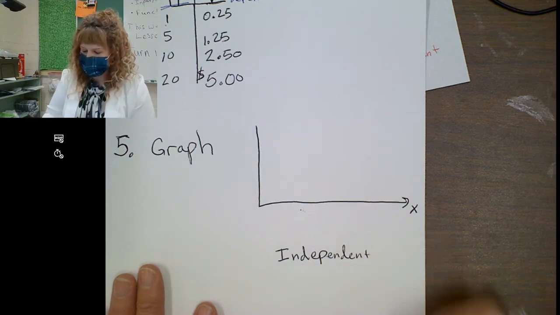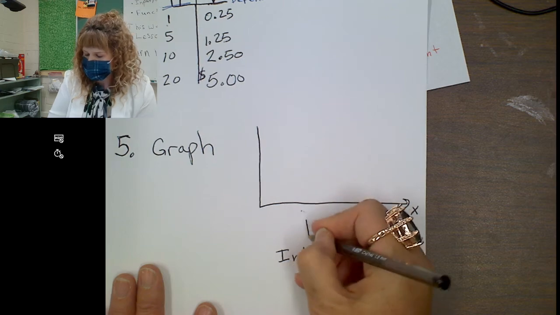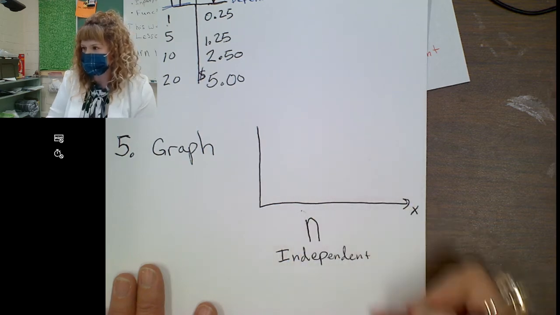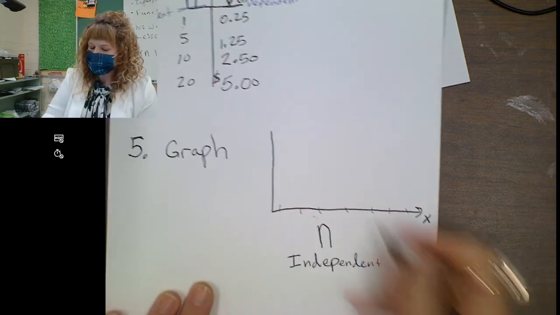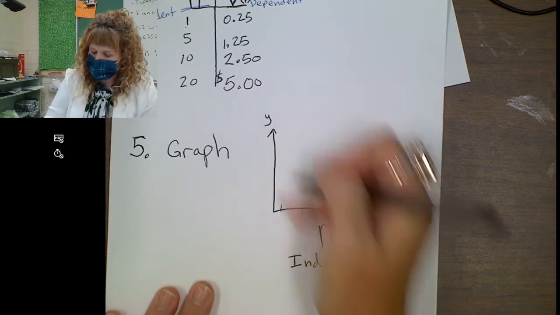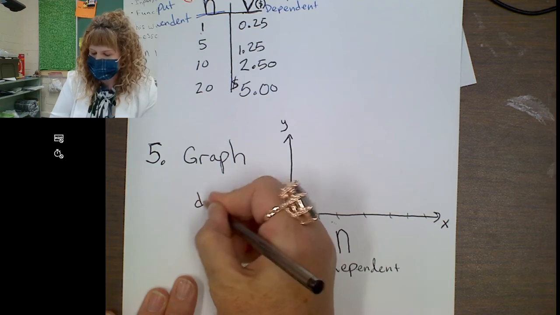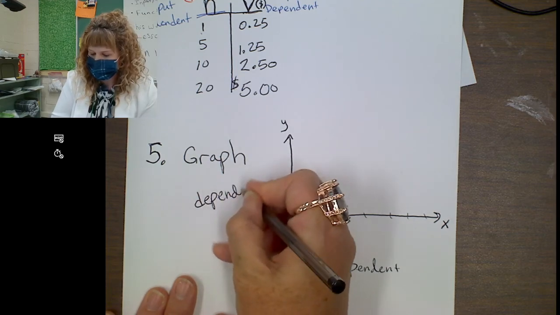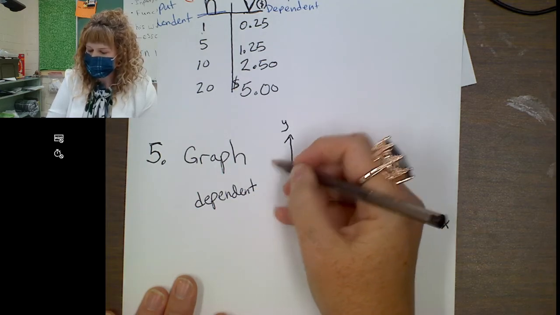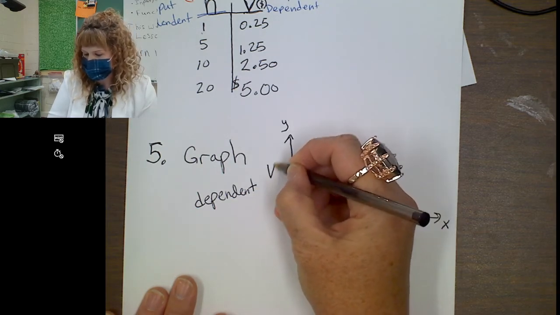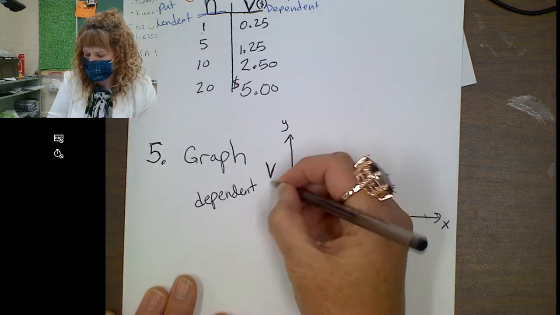In our example, the independent variable is n, the number of quarters. And on the y-axis, up and down, you put the dependent variable. And in our example, the dependent variable is v, the value of quarters.